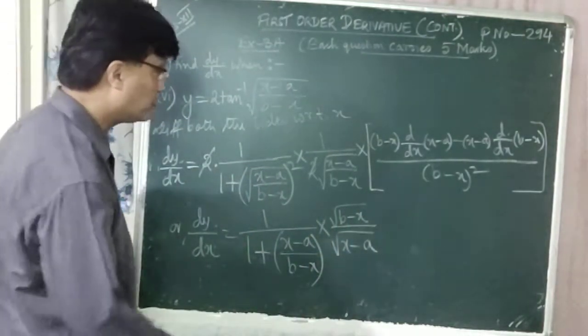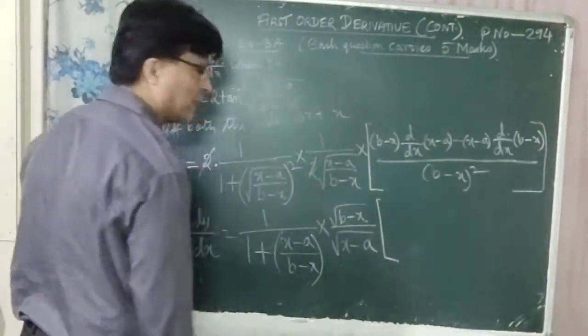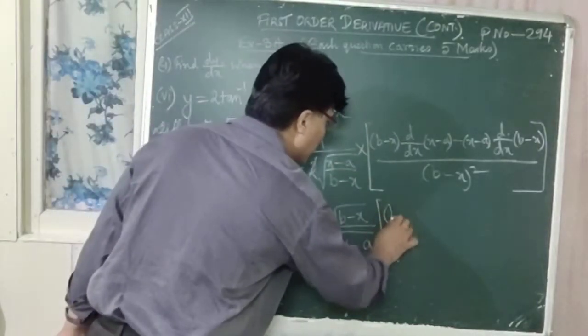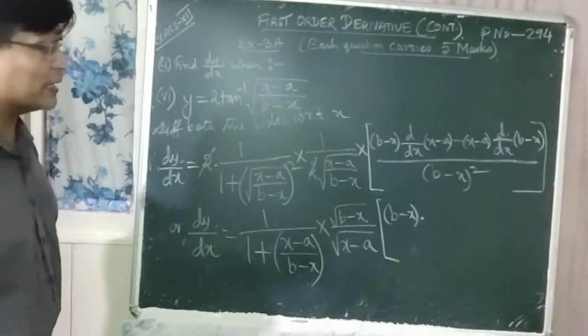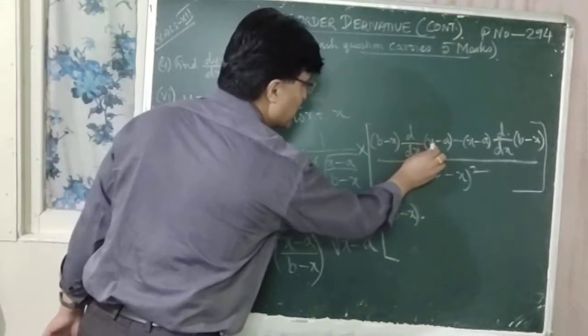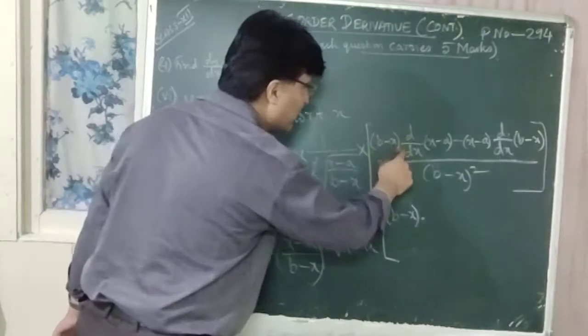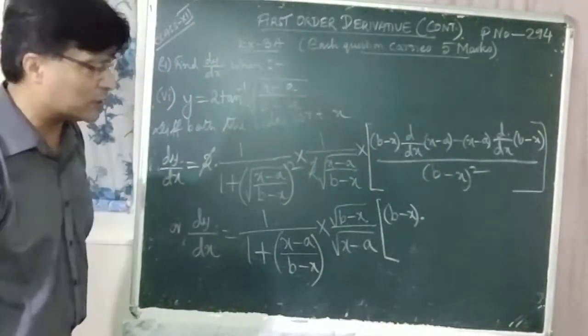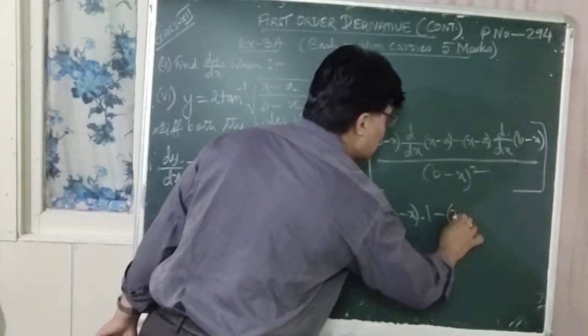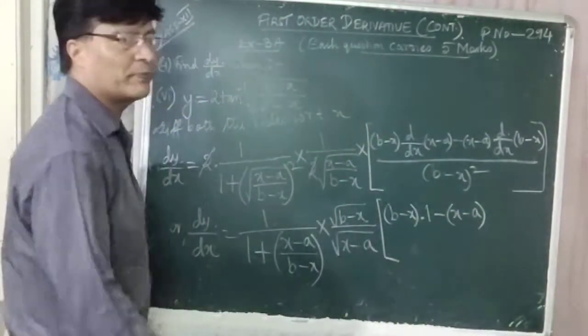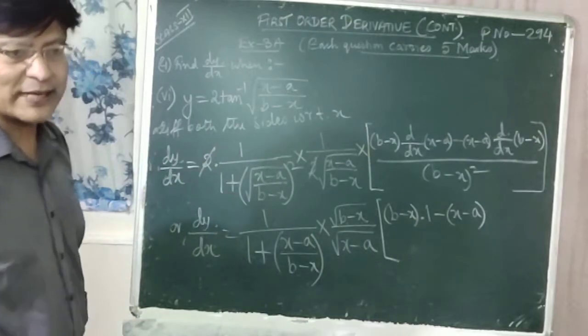Is that clear? Then within the bracket we have here b minus x into, what is d by dx of x minus a? d by dx of x is 1 minus d by dx of a is 0 because a is constant. So into this is only 1. Then minus x minus a into, again what is d by dx of b minus x?